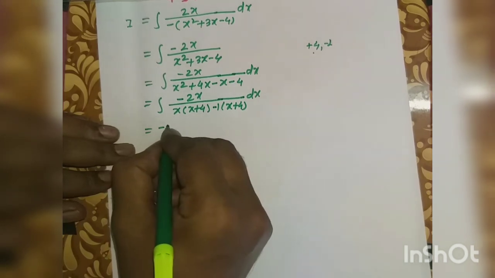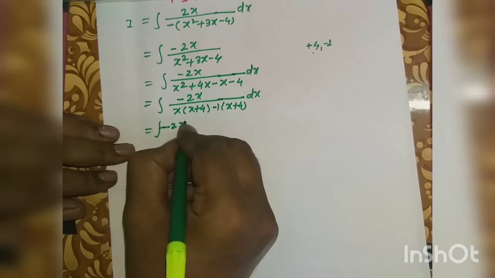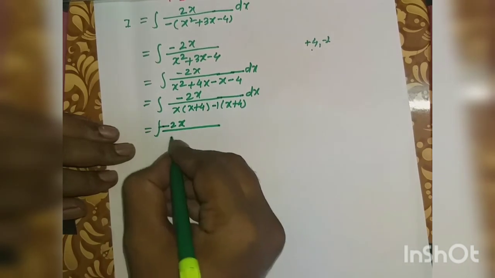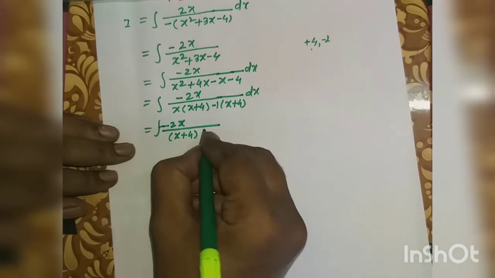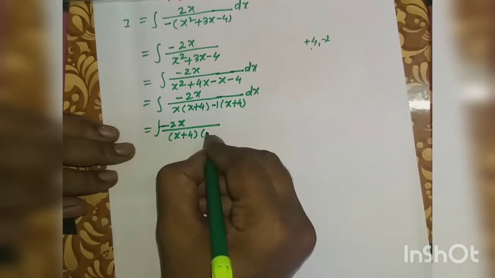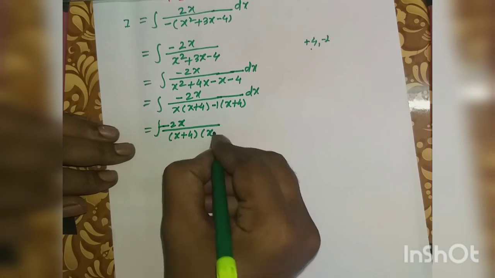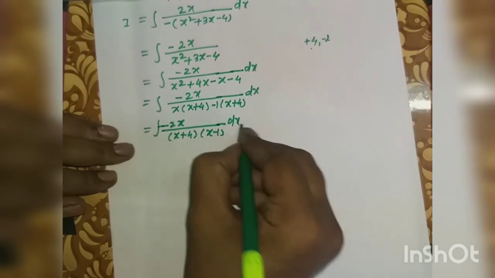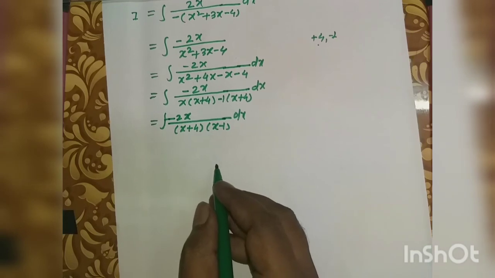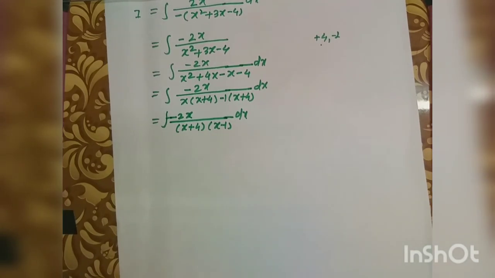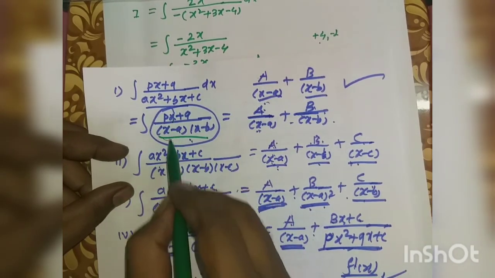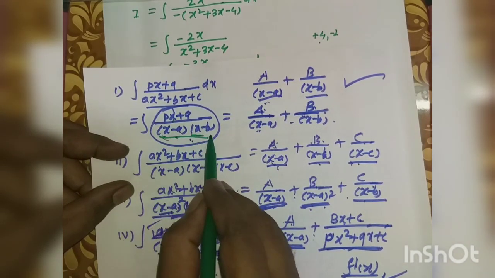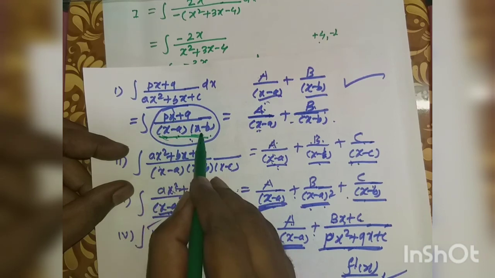minus, taking 2 common, or minus 2x divided by x plus 4 into x minus 1. Now we get the first form, that is a linear equation divided by two brackets, that is two factors, x minus a and x minus b.